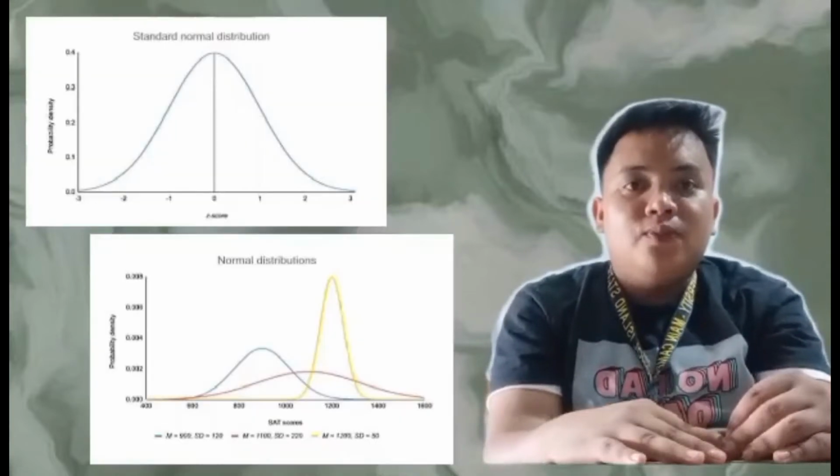Every normal distribution can be converted to the standard normal distribution by turning the individual values into Z-scores. A Z-score is a standard score that tells you how many standard deviations away from the mean an individual value lies.